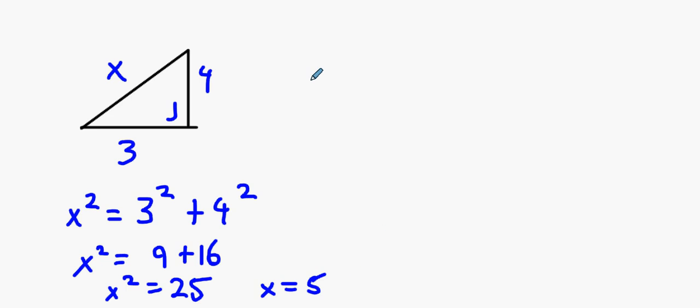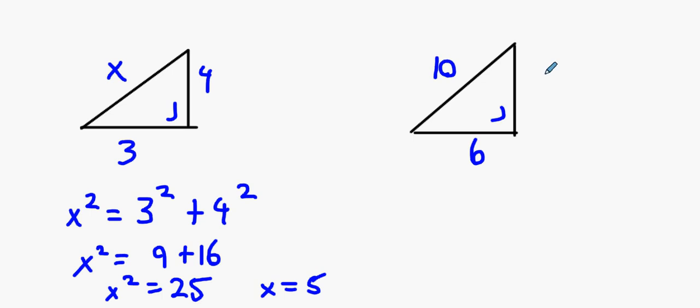You can be asked a slightly different variant of this as well. You're given the longest side. Imagine you're given that as 10. And you're given one of the other sides and you're asked to find, let's call this y. In this case, guys, which one's the longest side?